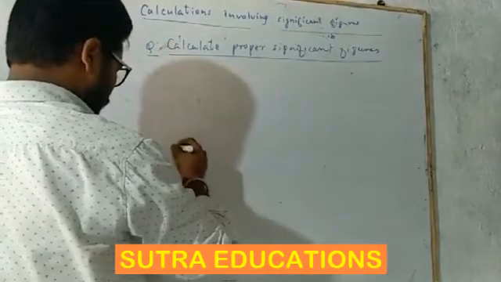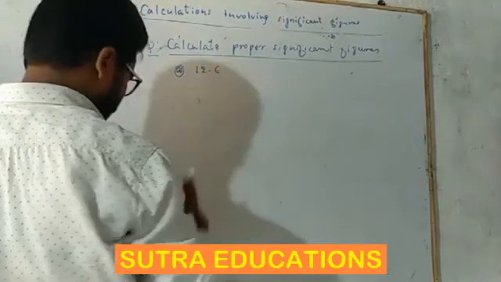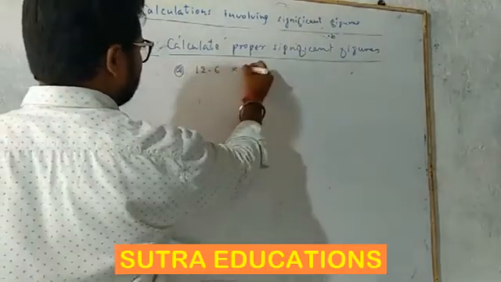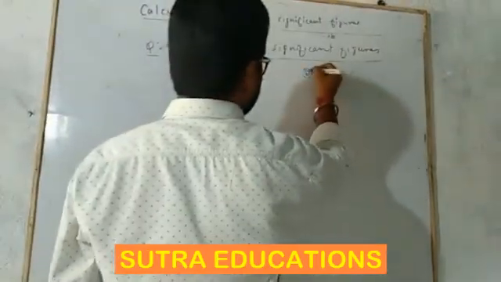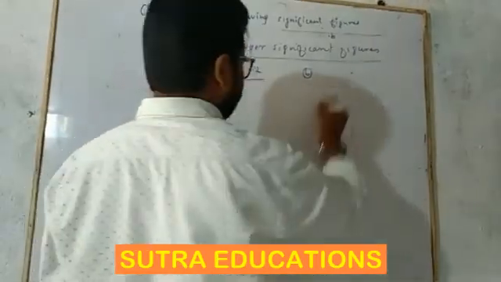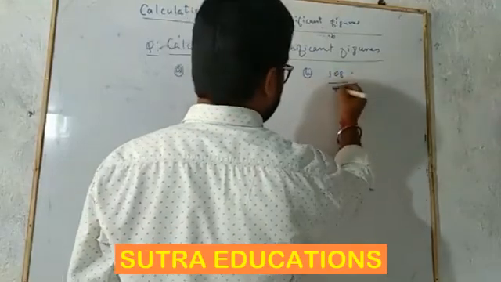A is 12.6 into 11.2. B is 108 divided by 7.2.